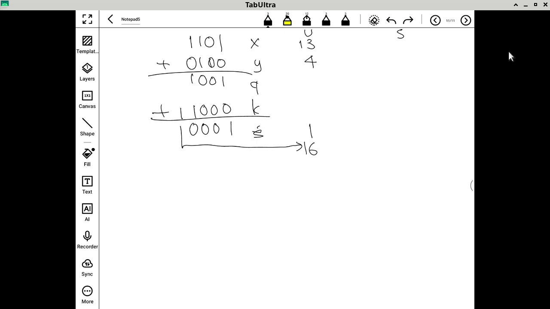Well, 13 plus 4 is 17. Seems to work out. So now we look at the signed interpretation. In the signed interpretation, this is -3, this is still 4, and this one is 1. Well, I don't think we can argue that -3 plus 4 is 1. So it works out too.